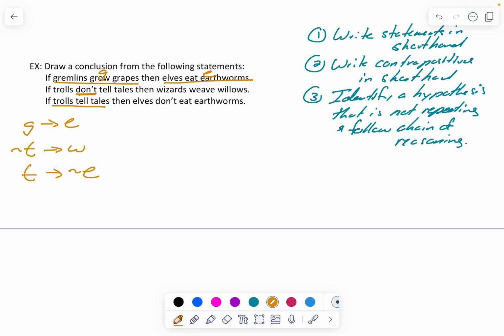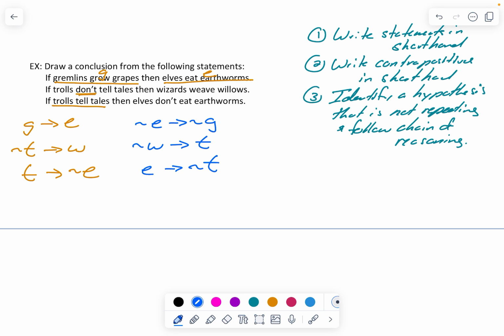So our contrapositives would be, and I'll put them over here, not E implies not G, not W implies T, remember negating, right? Not T is T, and then this is E implies not T. So on here, when we look, notice that just on our left column, we have two E's, we have two T's, and then we have a G and a W, right?